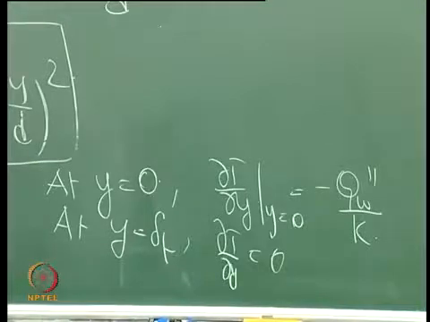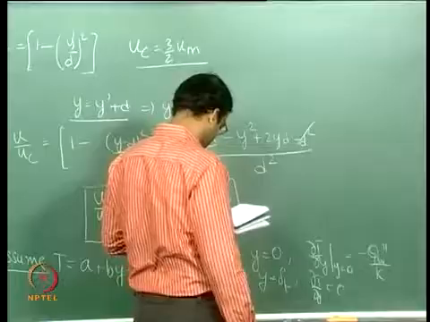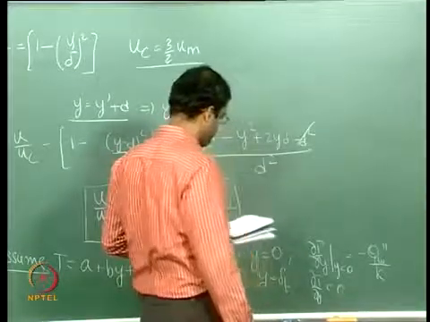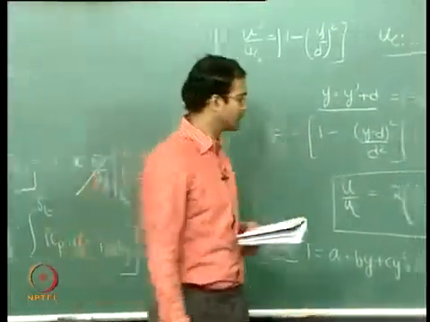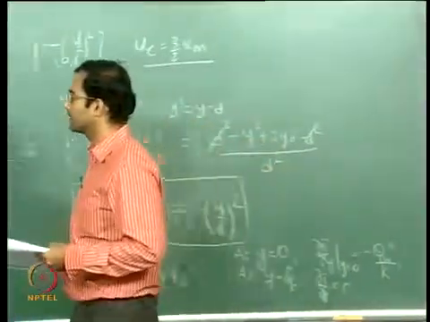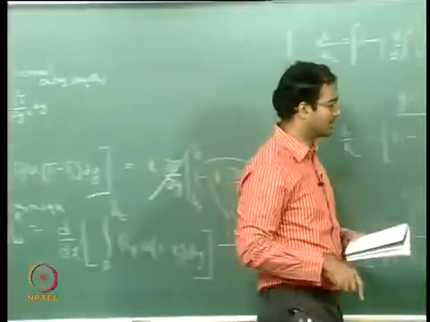The third one, okay, so at y equal to 0, if you look at the energy integral, your velocity is 0, therefore d square t by dy square has to be 0, right?